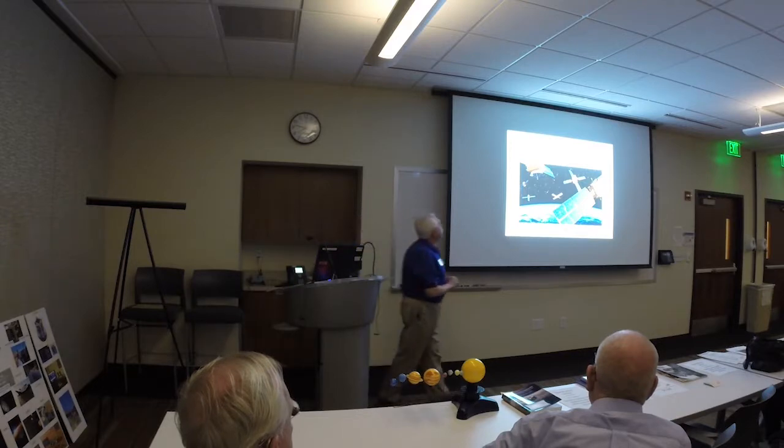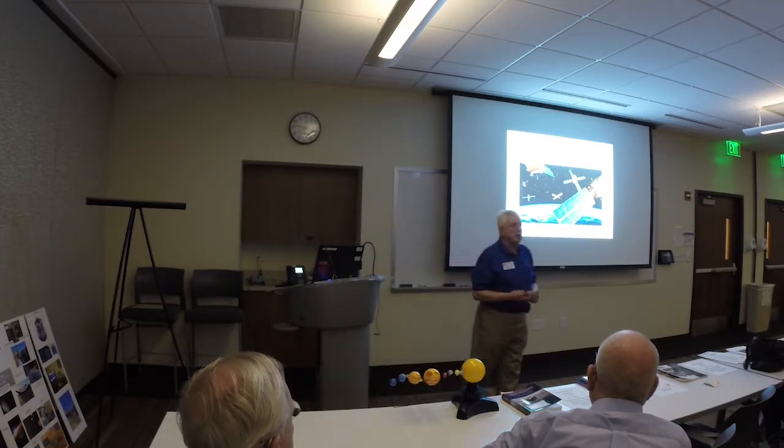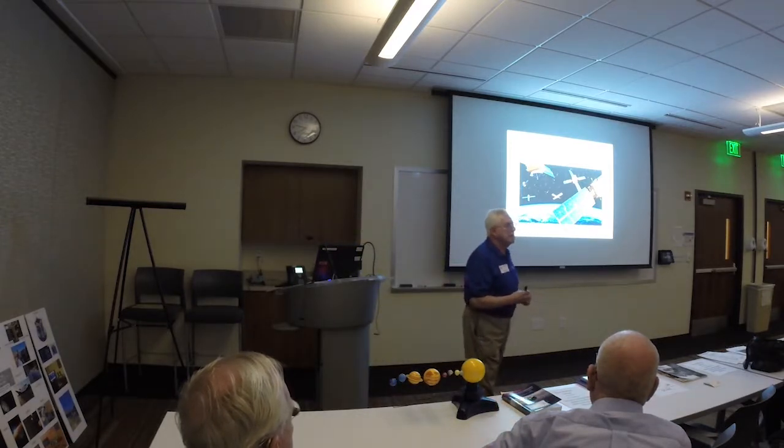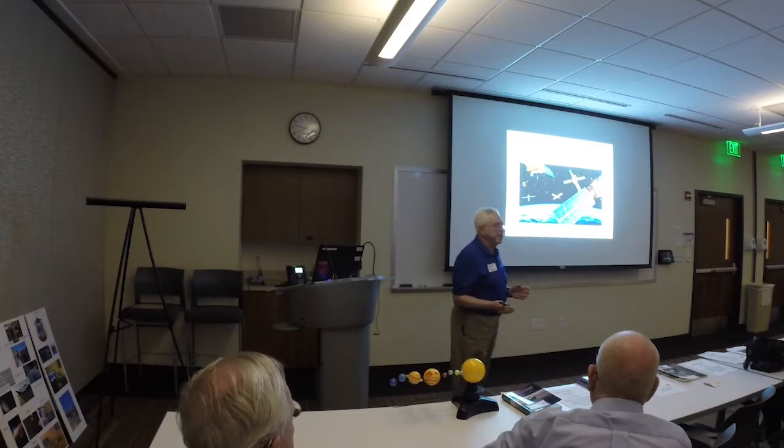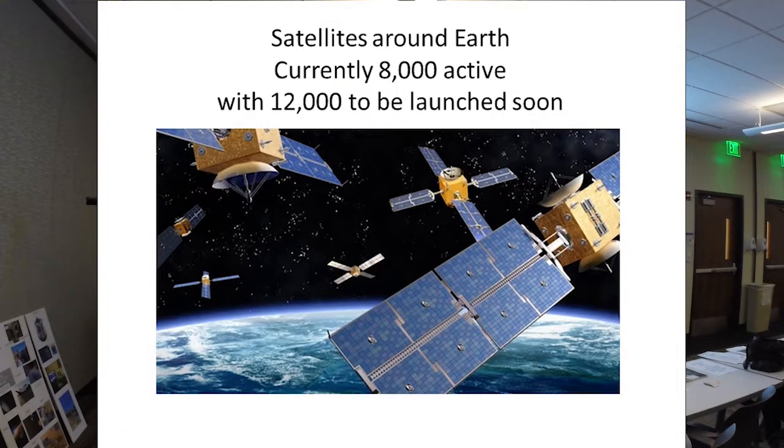There are currently 8,000 active satellites around the Earth. They're not all amateur radio satellites, but the satellites that you can talk through right now number 195, and this is a complete listing of probably 40 satellites per page right here.